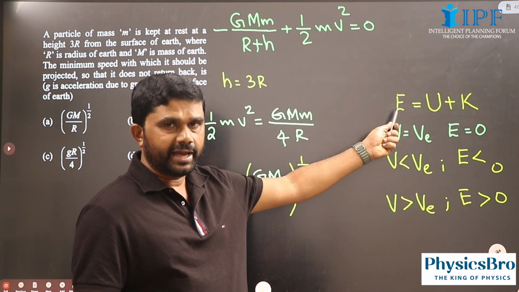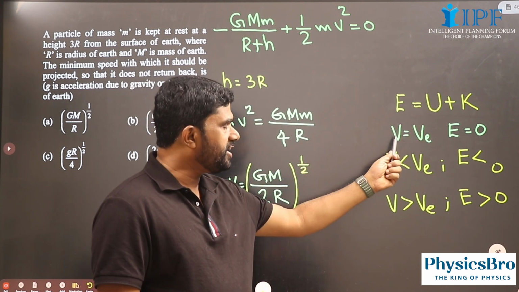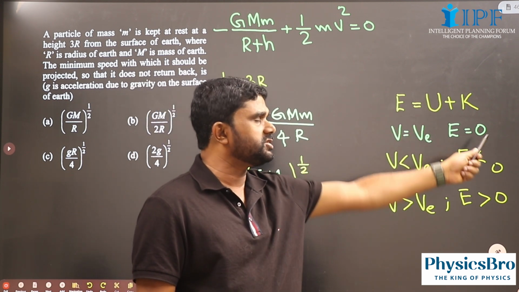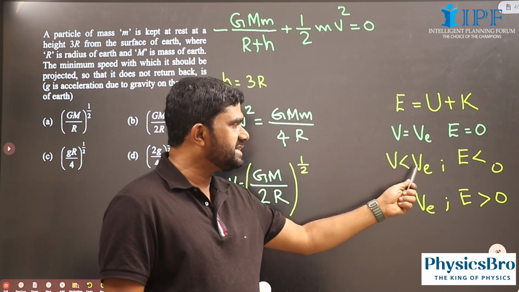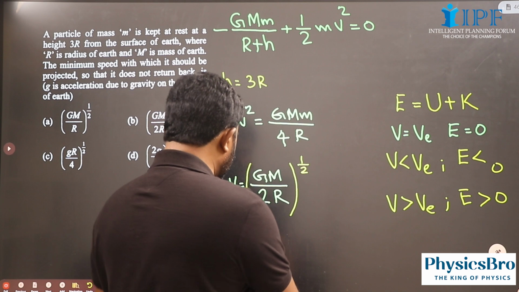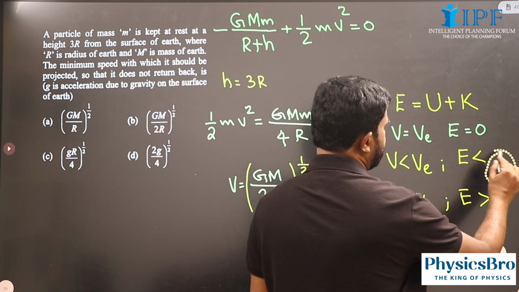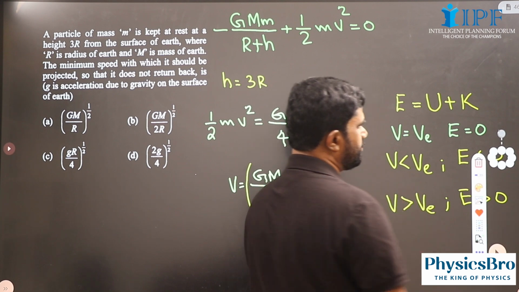See, total mechanical energy equals potential plus kinetic. If V equals escape speed, total energy is 0. If V less than escape speed, total energy less than 0, which means it is negative.